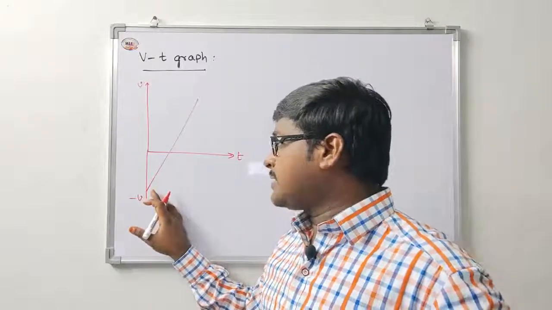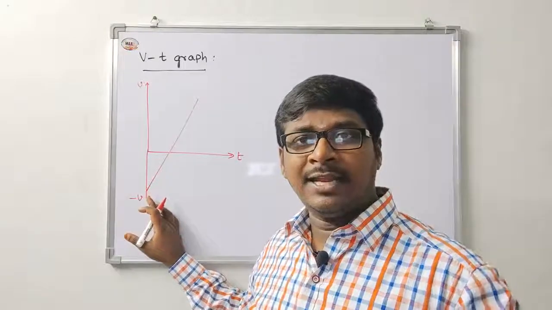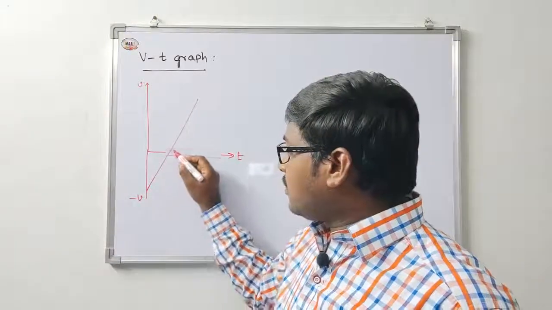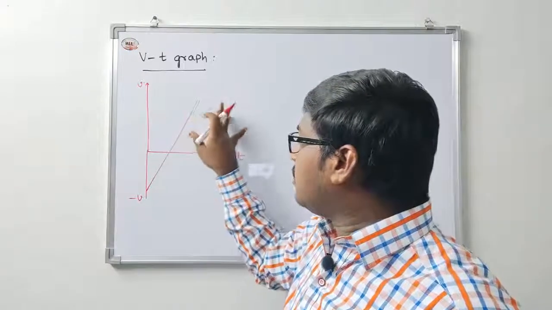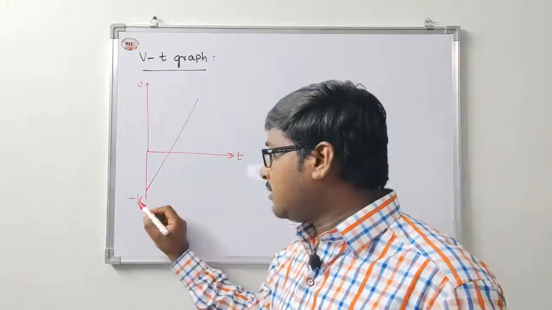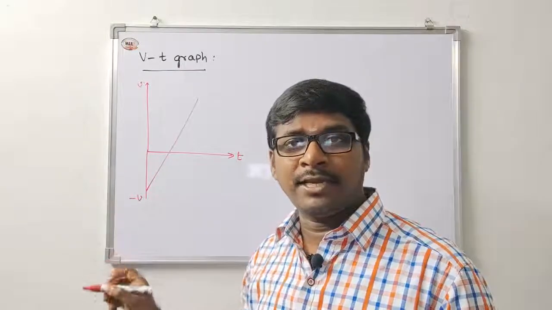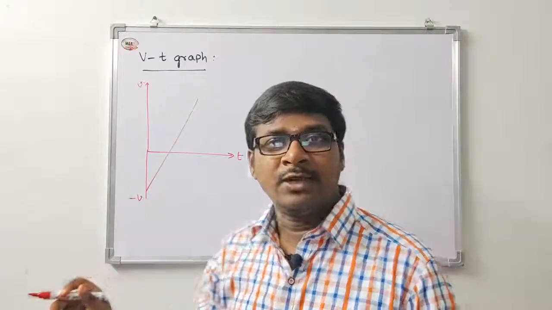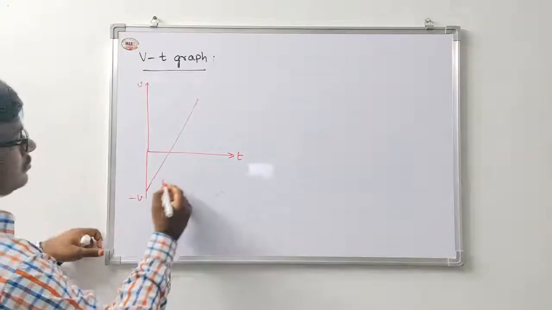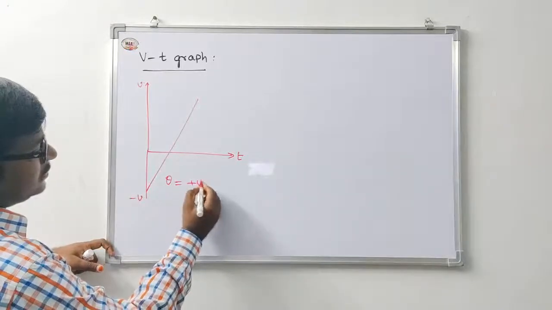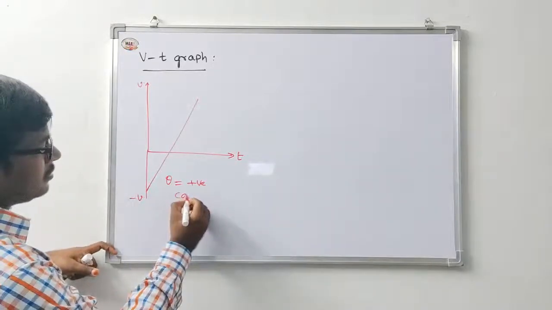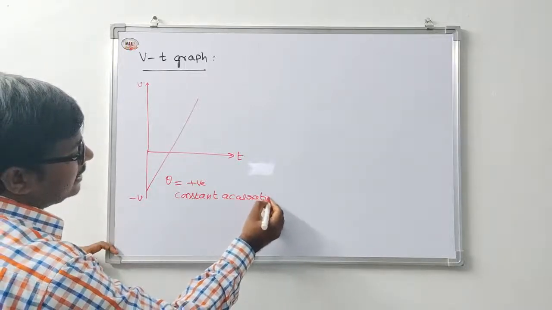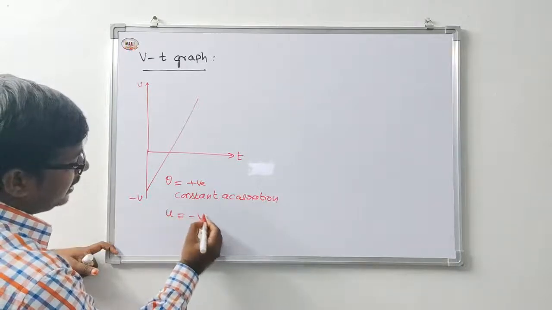Theta is positive, less than 90 degrees, tan theta is positive, a positive constant acceleration, but the initial velocity of the particle is negative, because it starts on the negative axis.